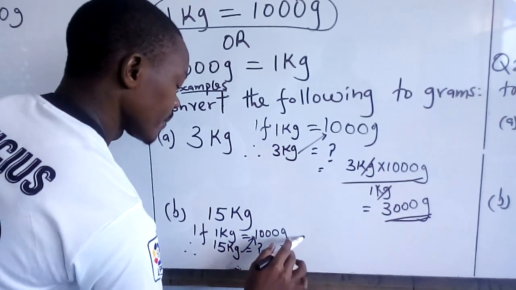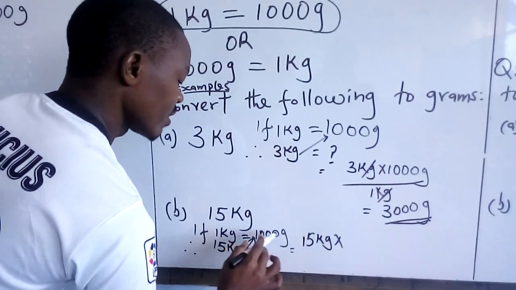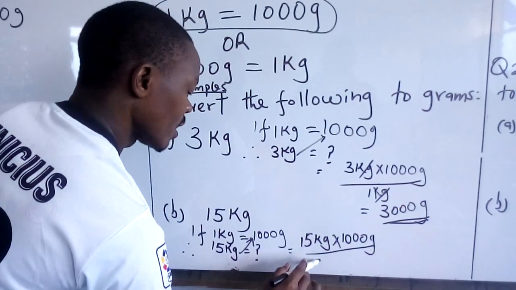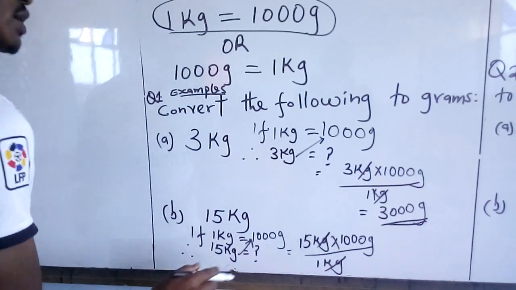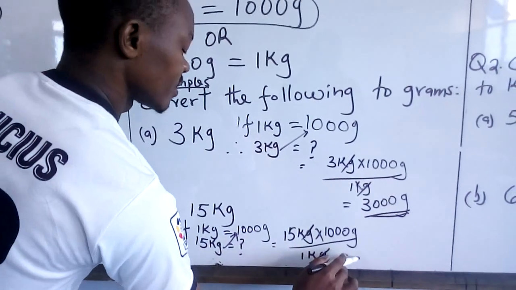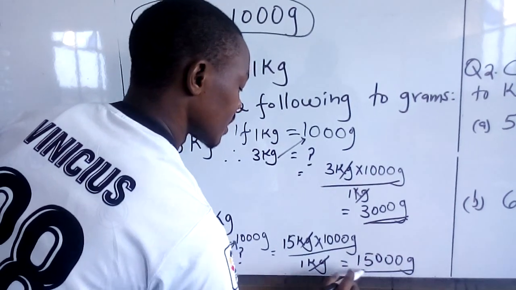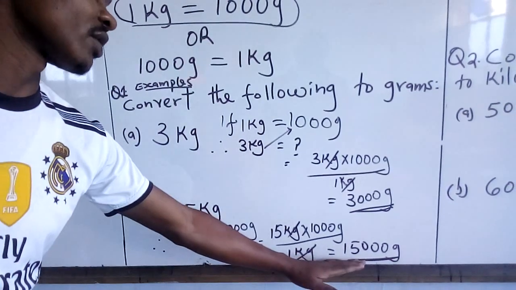So this is going to be 15 kilogram multiplied by 1000 grams all over 1 kilogram. Kilogram will cancel, then you have 15 multiplied by 1000, you get 15,000 grams. Therefore, 15 kilogram converted to grams will be 15,000 grams.